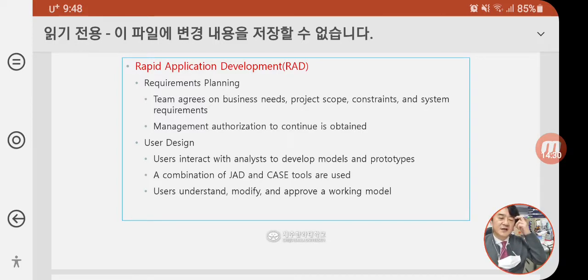User design phase. In this phase, users interact with the analysts to develop models and prototypes. A combination of JAD and CASE tools is used. Users understand, modify, and approve a working model.